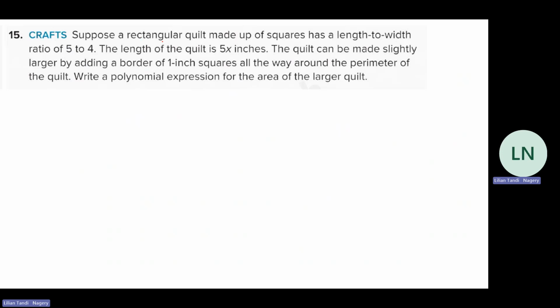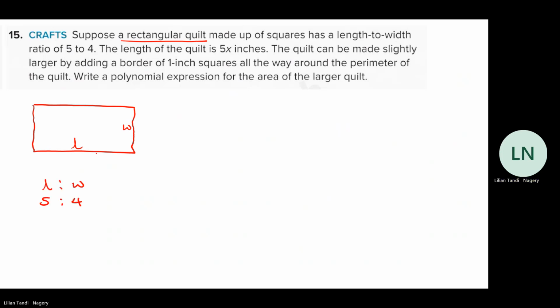Suppose a rectangular quilt. A quilt is like a blanket. So they said it's rectangular, okay? And I know this is my length, this is my width. It's made up of squares that has a length to width ratio of 5 to 4. The length of the quilt is 5x inches.